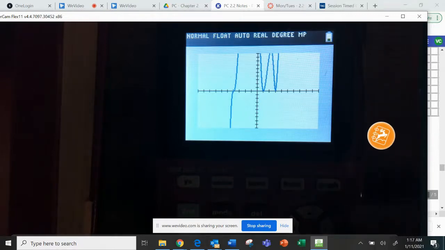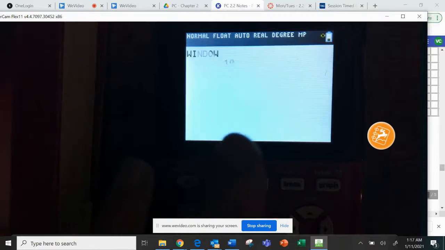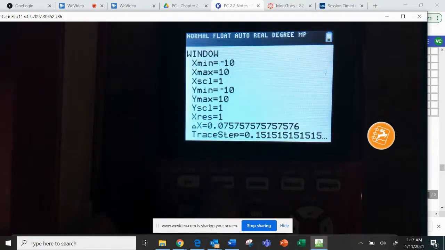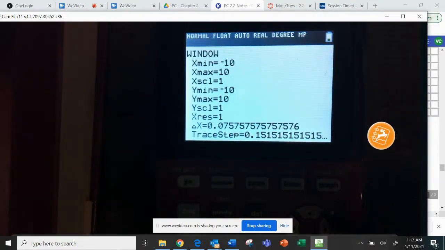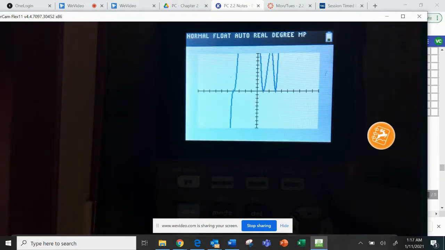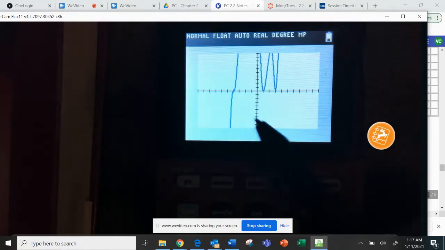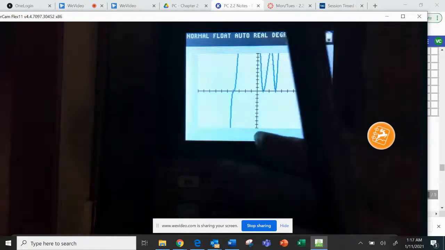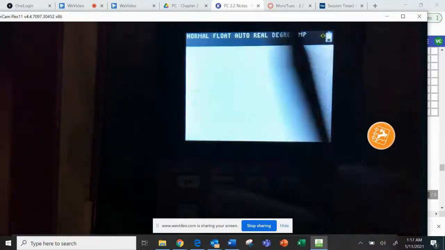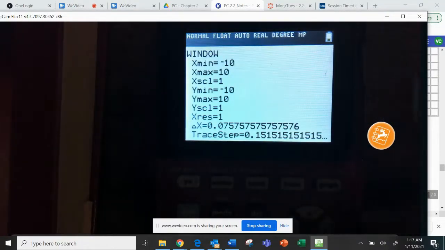If you want to see different things, you can always go to your window button, and maybe our x minimum, what did it look like before? It doesn't go that far, and nothing is happening down here, so we'll just keep it at -10.